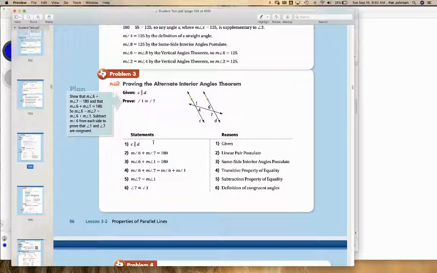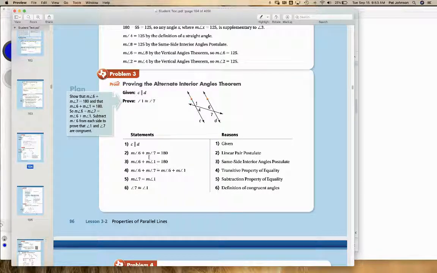You write your statements, your steps here, and then you can come back and find your reasons. They went the route of saying measure of angle 6 plus measure of angle 7 equals 180 because of the linear pair postulate. We can assume linear pair. Then they said measure of angle 6 plus measure of angle 1 equals 180 because of the same side interior angle postulate. Yes, that's true.